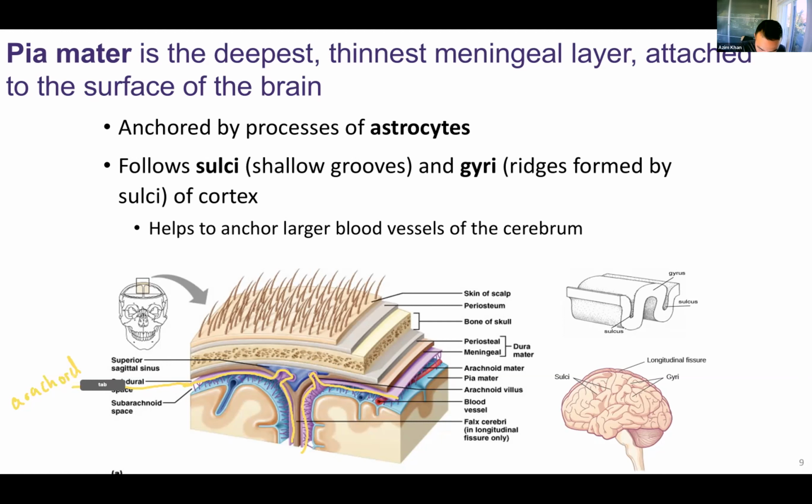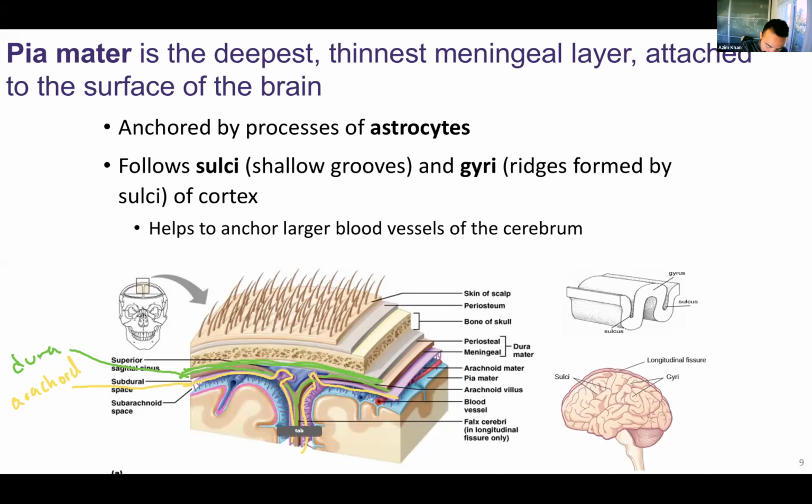And then in green, I'll do both layers of the dura mater in green. The deepest layer, thinnest layer connected to the surface of the brain, and it goes along with every crevice. This is the pia mater.